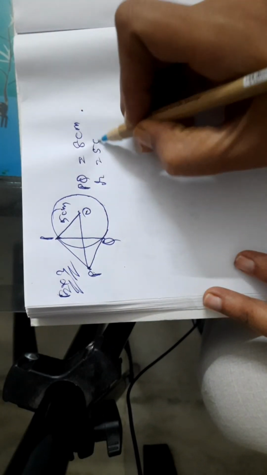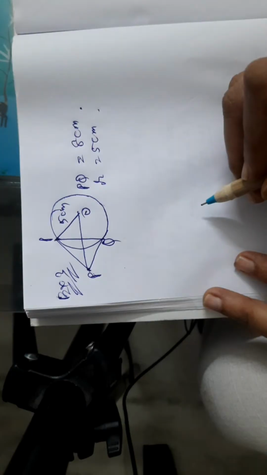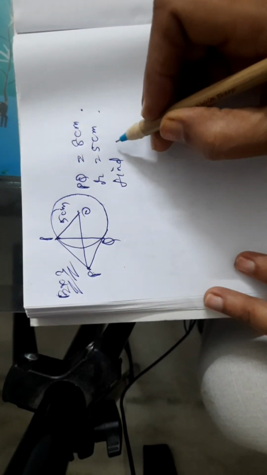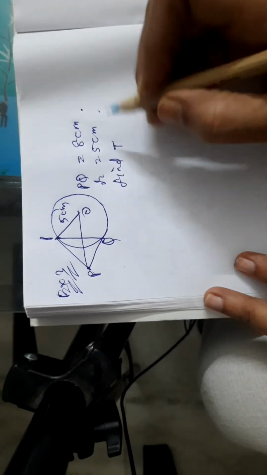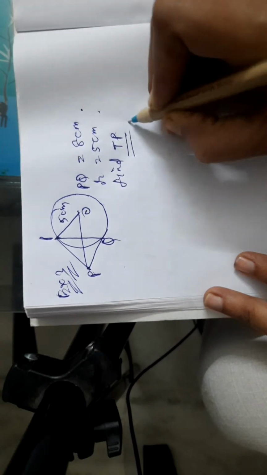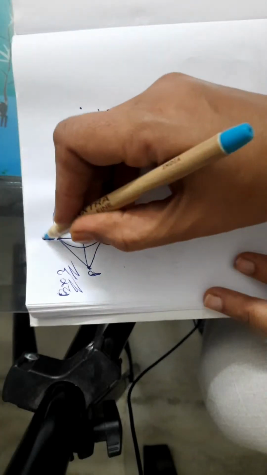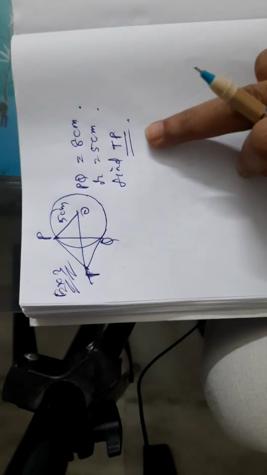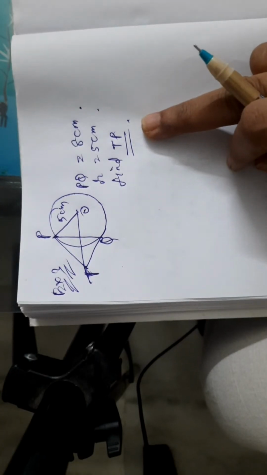Radius is given 5 centimeter. We need to find the value of TP. So the length of the tangent we need to find. Here it is given P, this is T. We need to find what is TP.